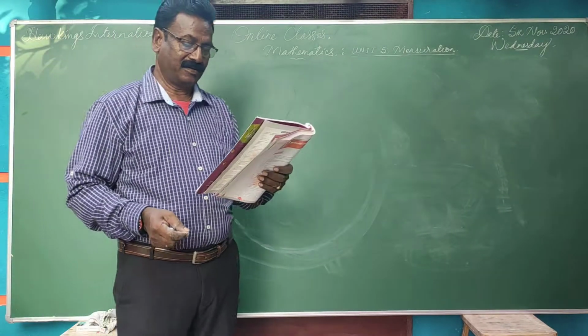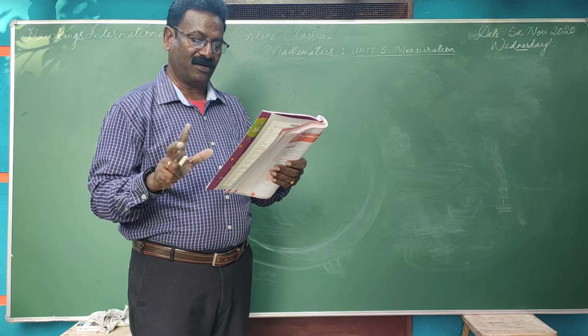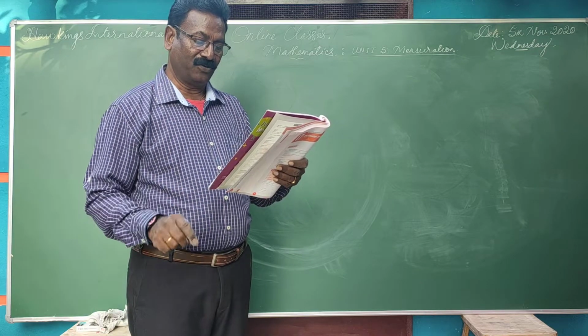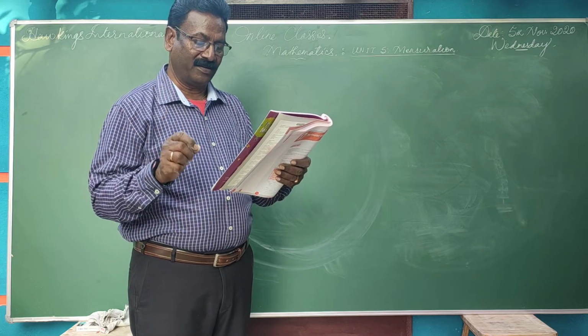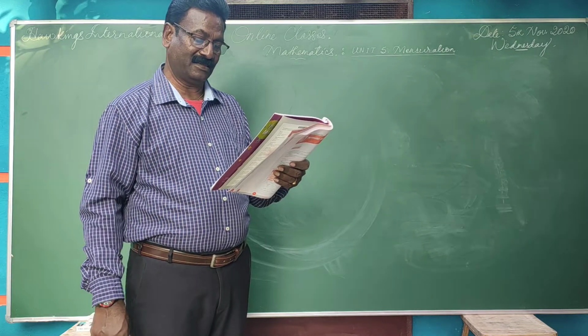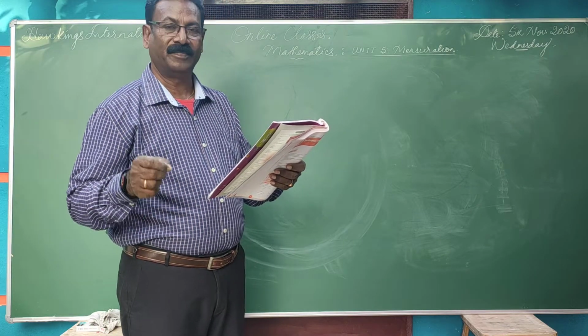So I will read it. Dia wants to fence a rectangular garden in front of her house. The dimensions of the garden are 11 meters and 15 meters. Find the cost of fencing the garden at the rate of 130 per meter.